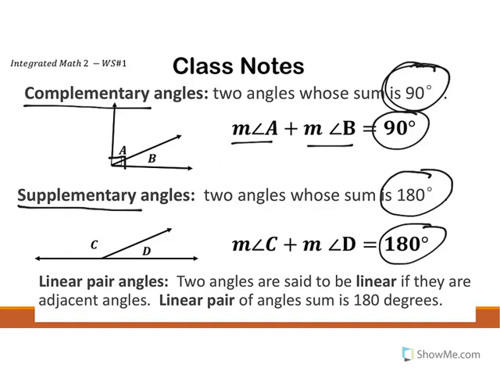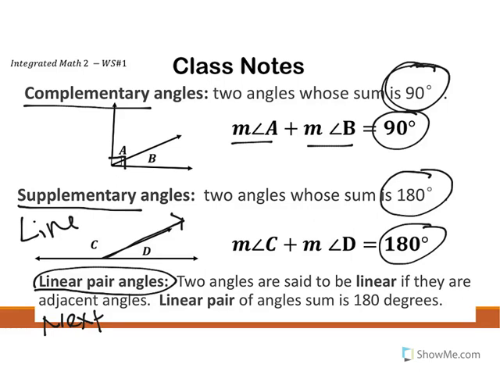The other term I want you to be aware of is called linear pair. Linear has the root word line, so the two angles form a straight line. Two angles are a linear pair if they are adjacent angles. Adjacent means that the two angles are next to each other and share a common ray.